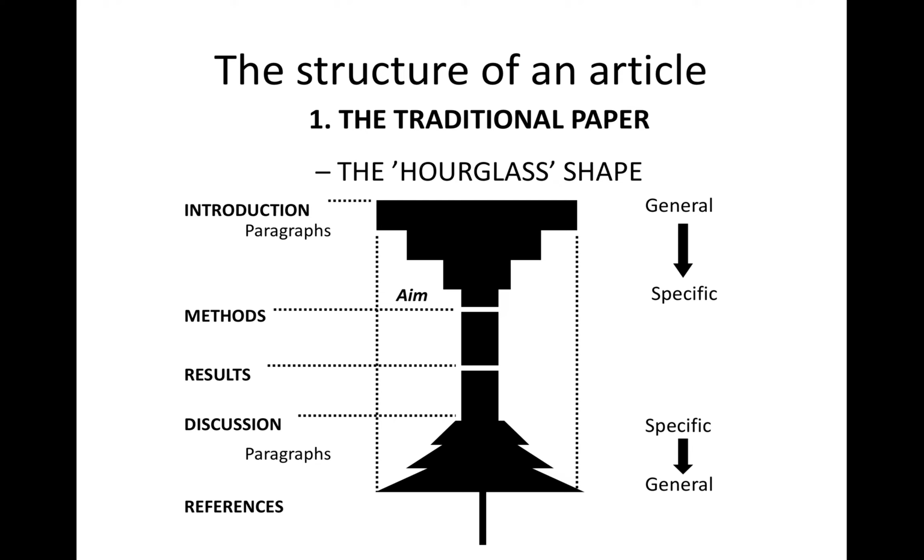Most research articles typically have this hourglass shape, where they start very broadly in the introduction by reviewing the broader scientific research field, explaining why this field is interesting or important. The introduction then gradually narrows down through different paragraphs, ending in a very specific way, usually by explaining the particular aim of this study.